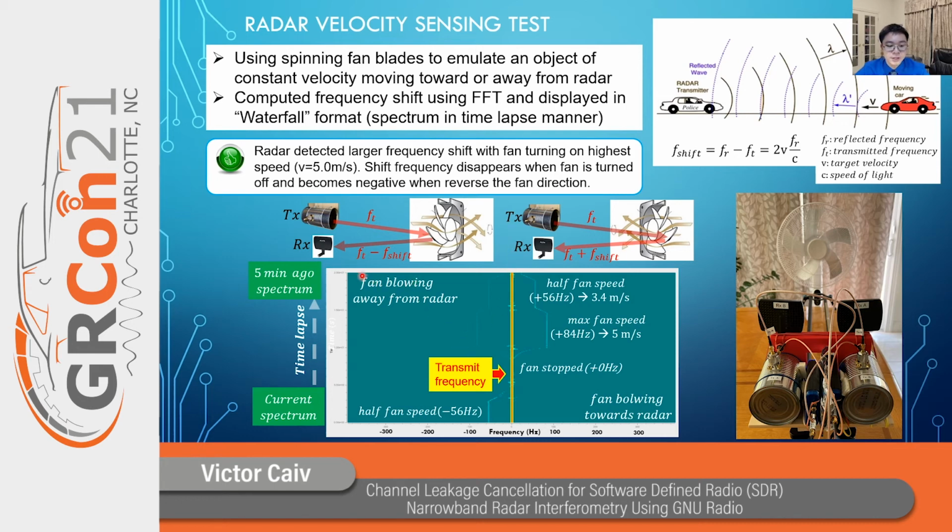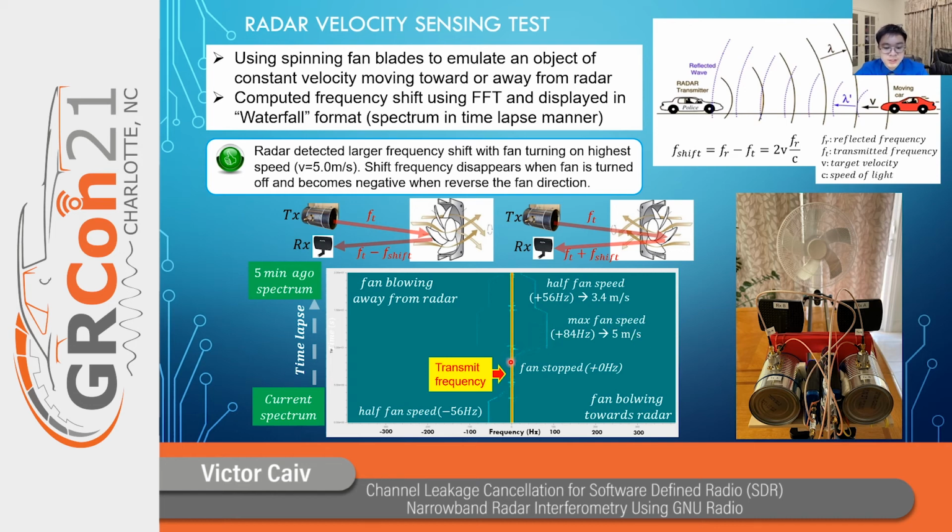So starting a while ago, we see that the fan was turned on to half speed, which gives us a frequency offset of 56 Hertz. When the fan is increased to max speed, the frequency offset is now 84 Hertz, which is about 5 meters per second, the fan speed.